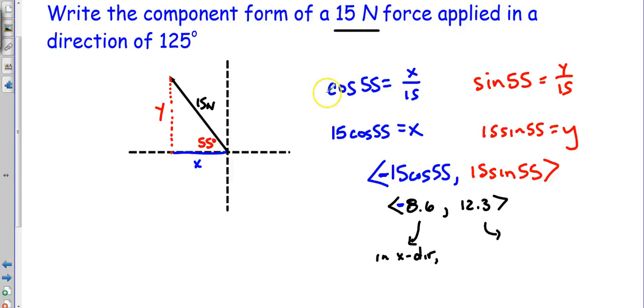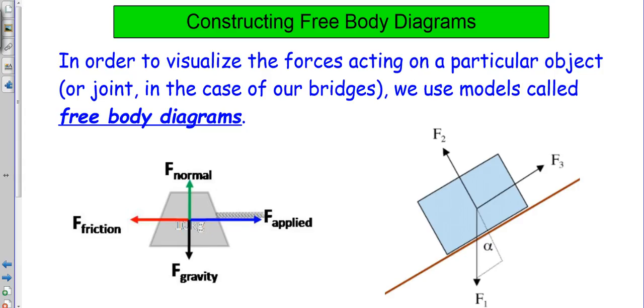So make sure you pay attention to that. The y direction is okay the way that we have it. It's 12.3 in the positive y direction. So we're good there.